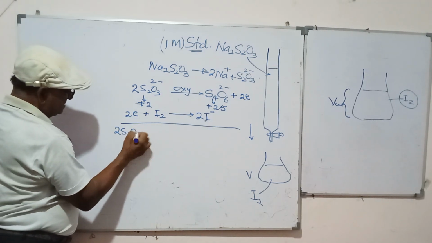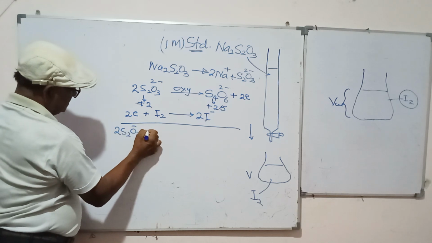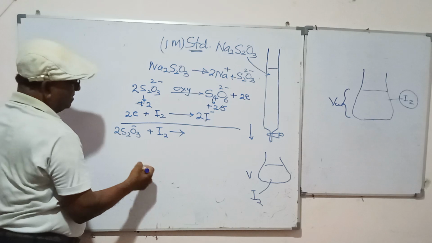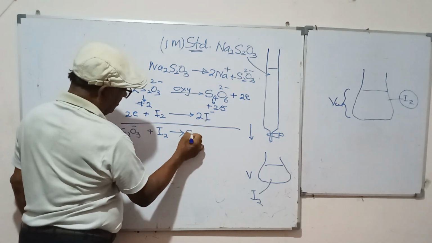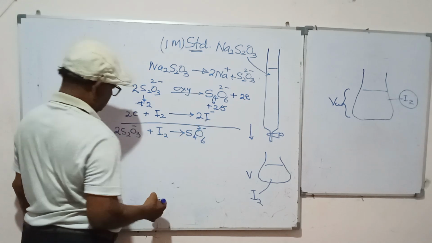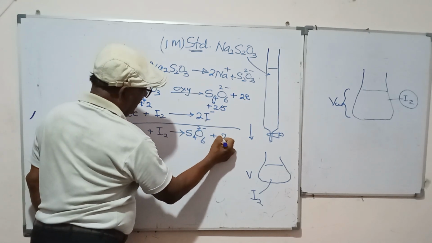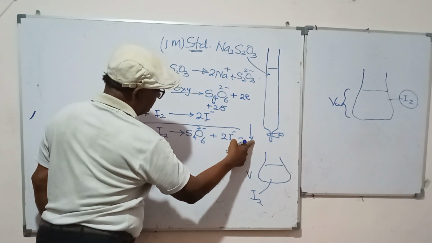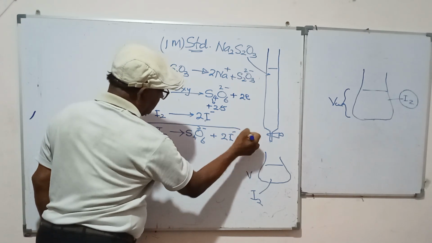2S2O3 2- plus I2 gives S4O6 2- plus 2I-. This is the final reaction, named as 1.